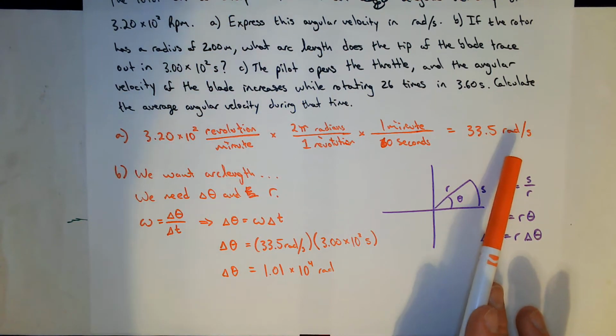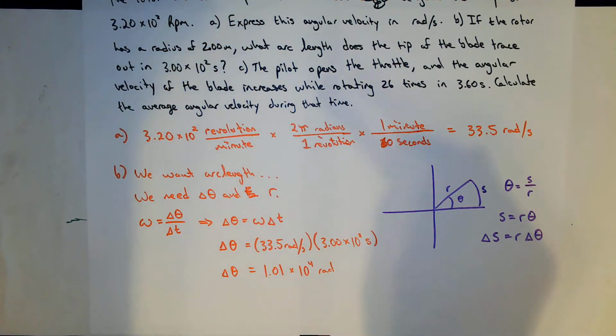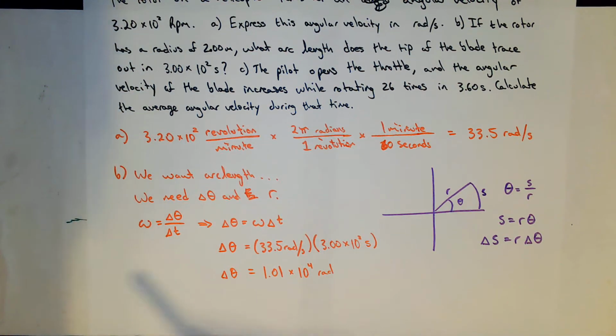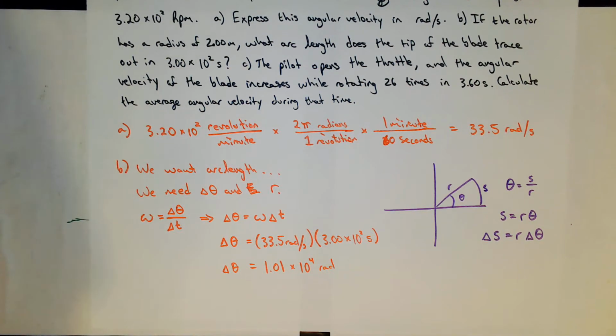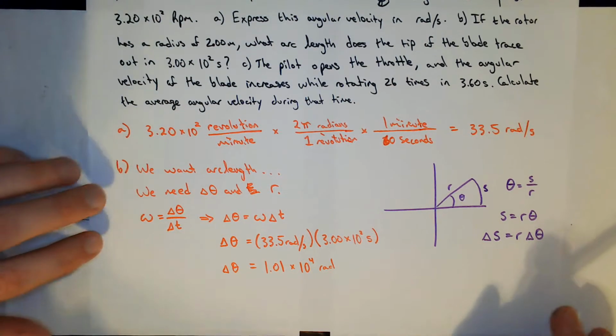So it's spinning roughly 5 times per second, completely around 5 times per second. So it's extremely fast. In 300 seconds, it's spinning through a ton of radians. That's why this is times 10 to the 4th. This is like 10,000 radians. It's a helicopter, it's spinning extremely fast.